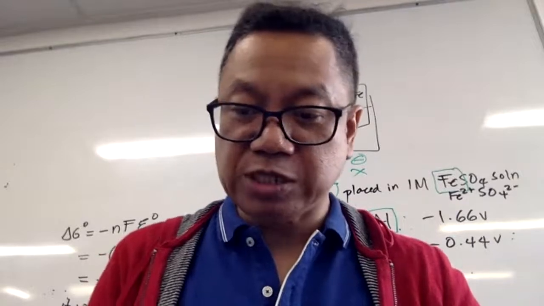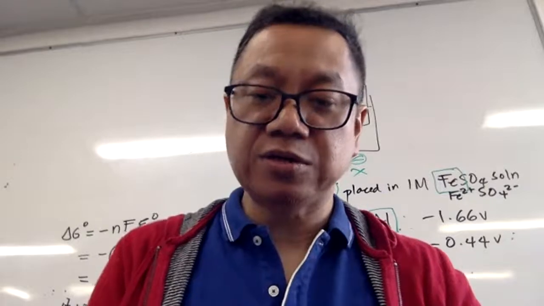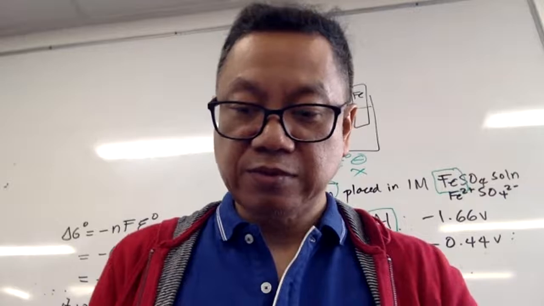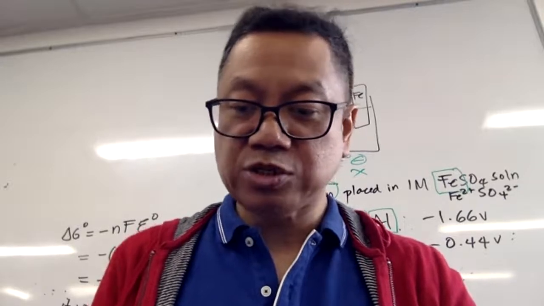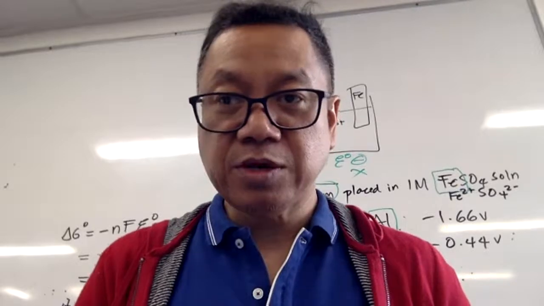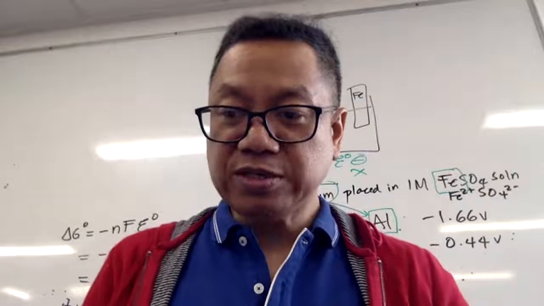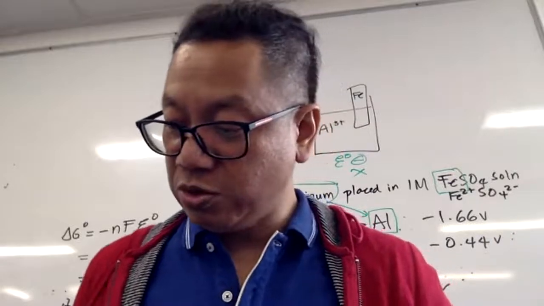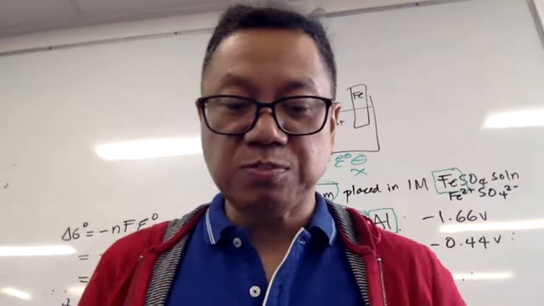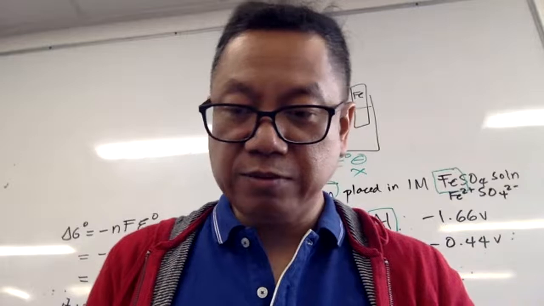We will do cell potential in non-standard condition for tomorrow. That will be our lecture. Are we good? Are there any questions? For the rest of the time, you just work on the gold metal placed in 1 molar HNO3. So do it now.